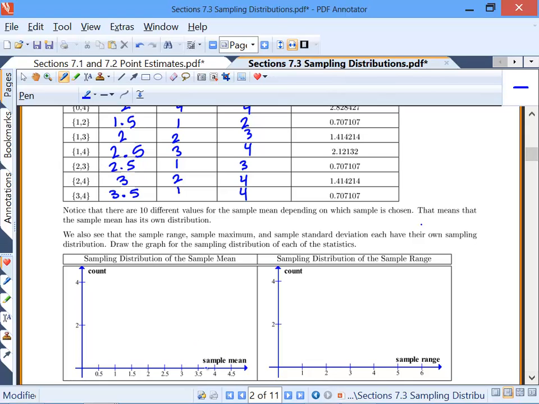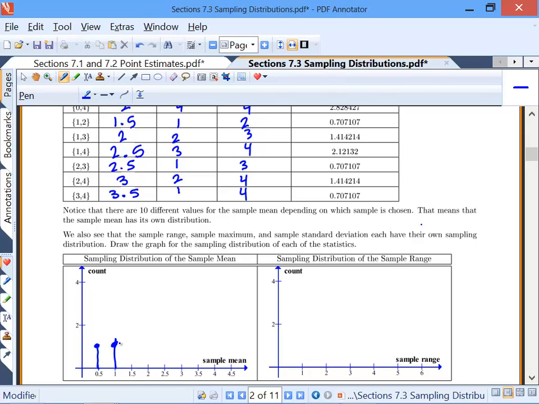So for our sample mean, how many times did we get 0.5? 1. So for my 0.5, I'm going to go up to 1. I'm just counting how many times I got each mean. How many times did I get the 1? You guys have to count for me since I can't see them all. 1.